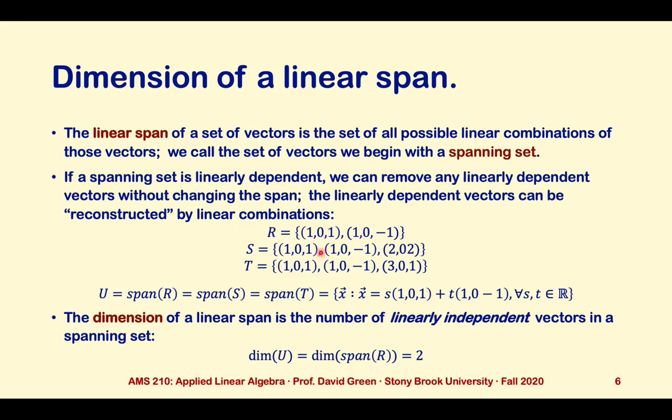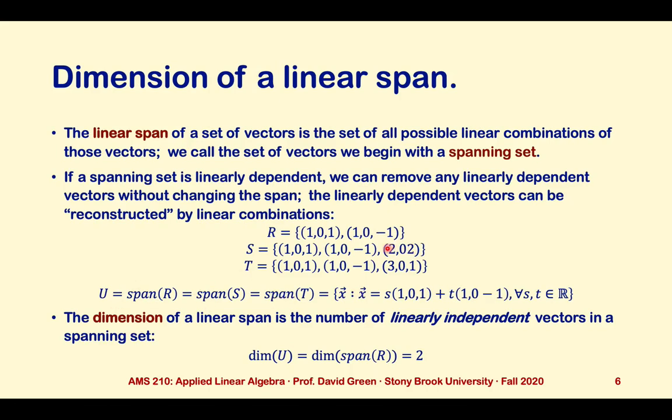So if we go back to those 3 sets of vectors that we saw before, where 2 of the vectors are shared in all of them, but we've added a linearly dependent vector in S and T compared to R, the linear span of all of these is the same.